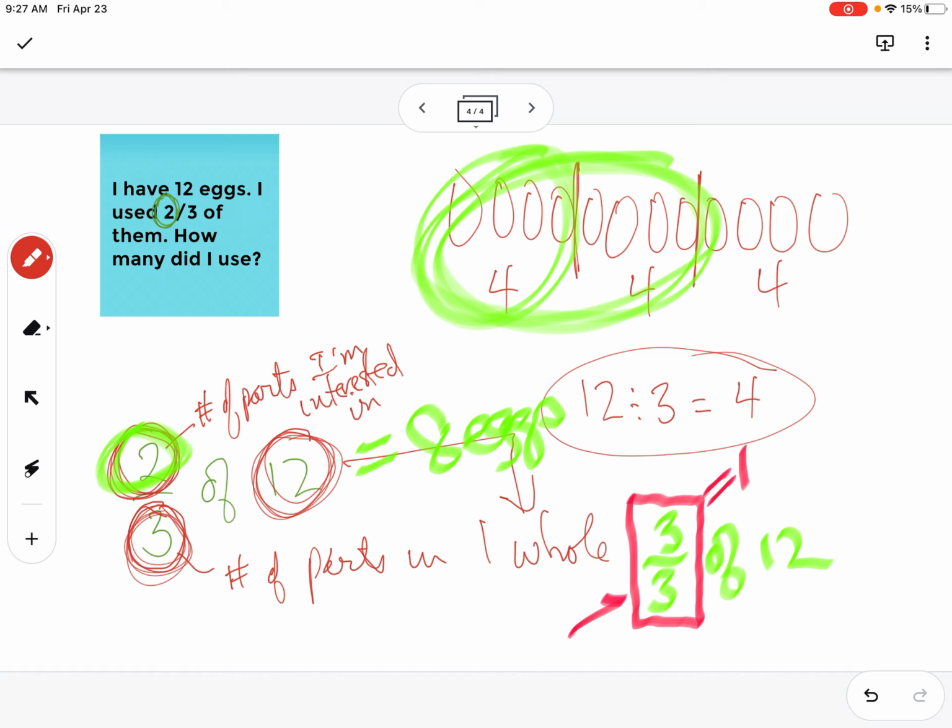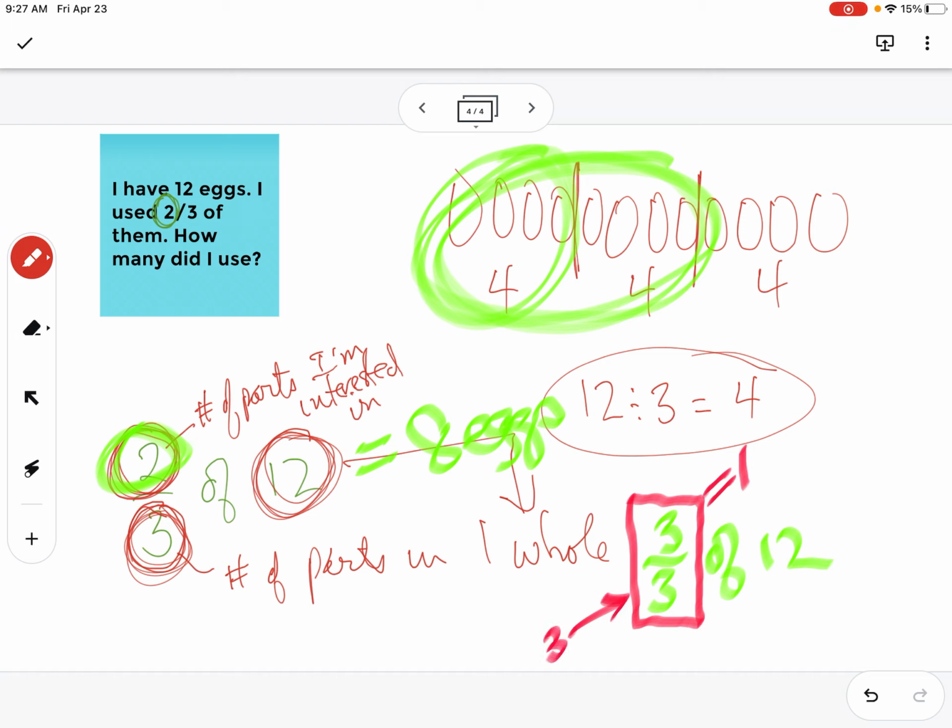Remember, the bottom says, how many parts is the whole broken into? This fraction says the whole is broken into 3 parts. The top says, how many parts am I interested in? If the top says the same number, it says I'm interested in every single one of those parts in the whole, which means I've got 1 whole. So 3/3 of 12 means give me the whole 12. The answer to that would be 12 whole eggs.